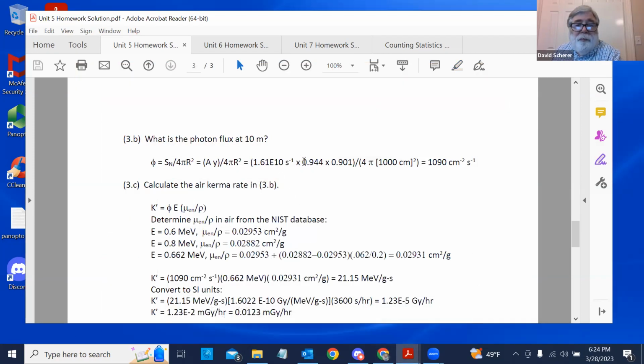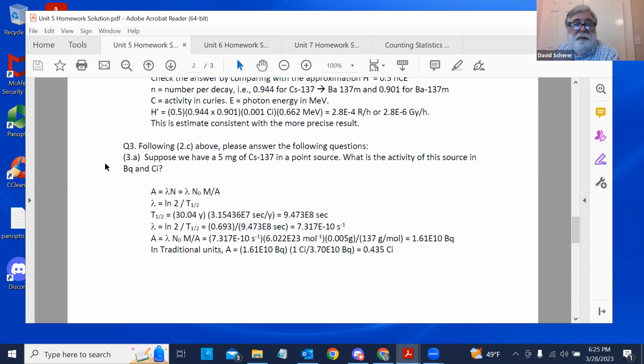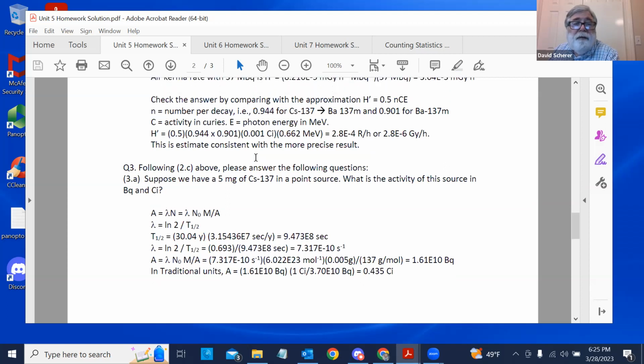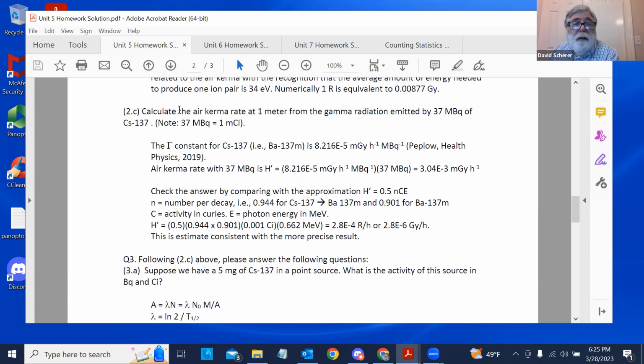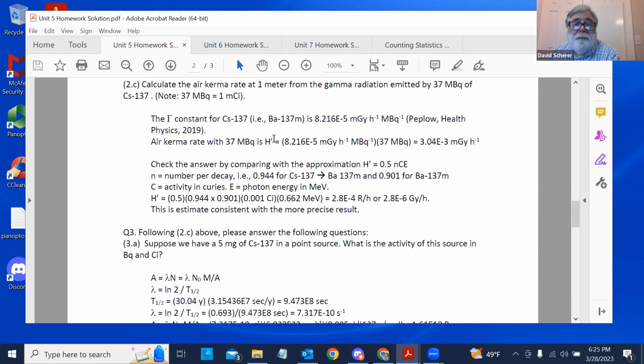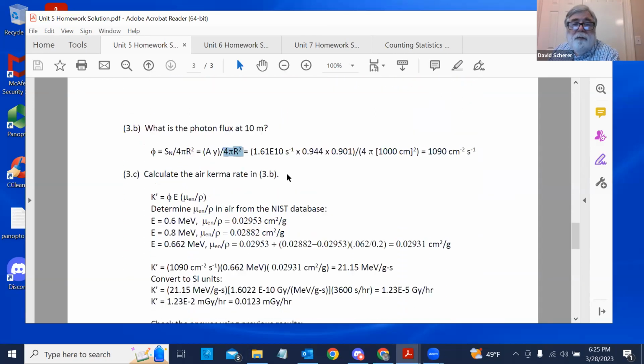So that's why I got this 0.944. That's how frequently the beta occurs. 0.91 is how often a photon is emitted in that daughter product. And then I divide by 4 pi times, this was asked at a meter, right? 1 meter. So we've got to divide by 4 pi r squared.